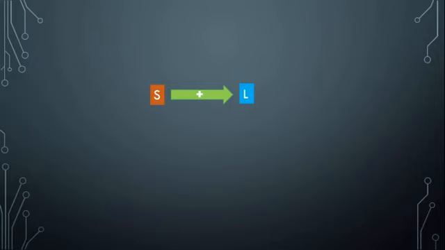If power is flowing from source to load, it is known as positive power. If power is flowing from load to source, it is called negative power. We'll get to positive and negative power in detail. For that, stick to the video.